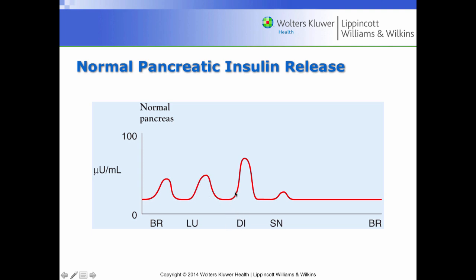You consume dinner, you get an even larger rise in insulin. So as the day progresses, your insulin response gets larger and larger, potentially because your meals are getting larger. And then after a post-dinner snack, you get a tiny little rise. Okay? And then your insulin levels stay pretty low throughout the night before you get up and eat again.